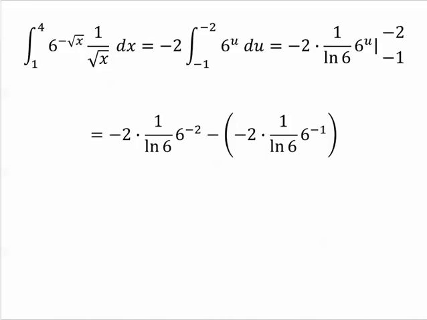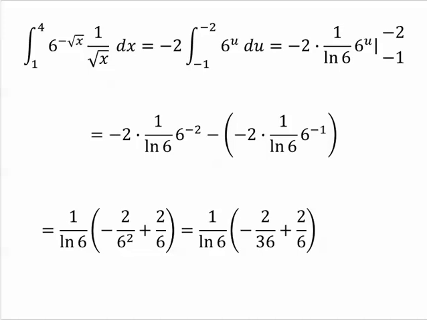And 6 to the negative 1, that's 1 over 6. Also notice that I have a double negative. And I'm going to also pull out that 1 over log 6. So when the dust settles, this is what I get. And then I just simplify that. And I get 5 over the product 18 times log 6.